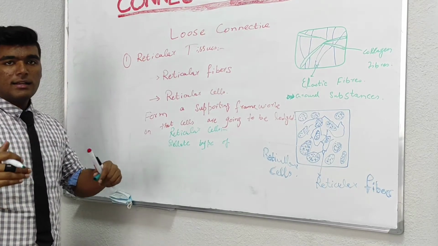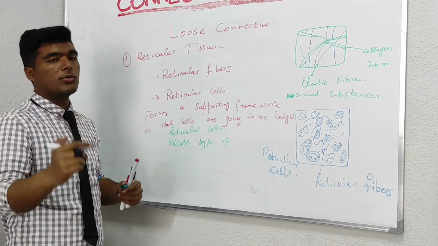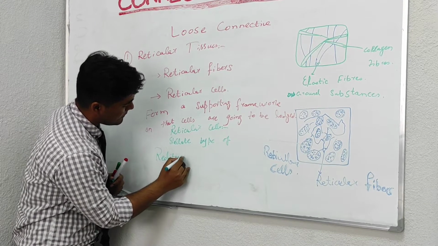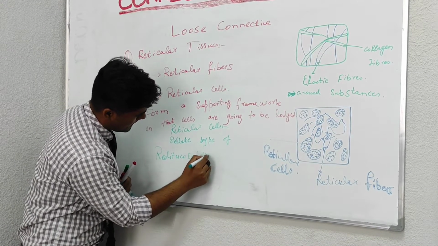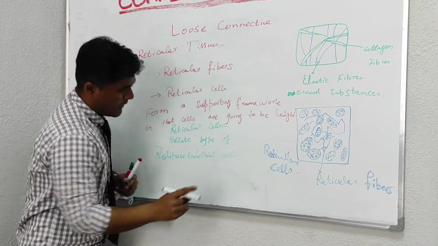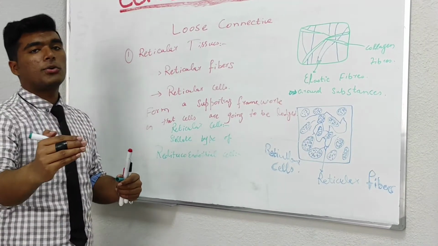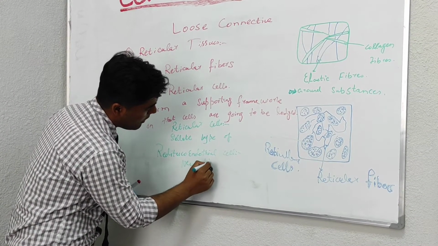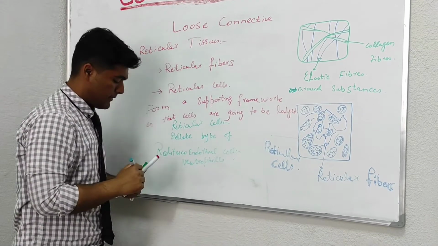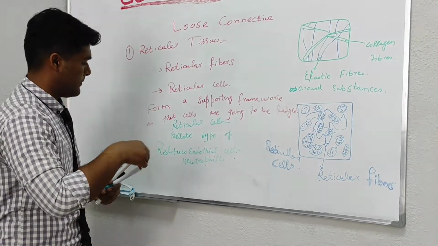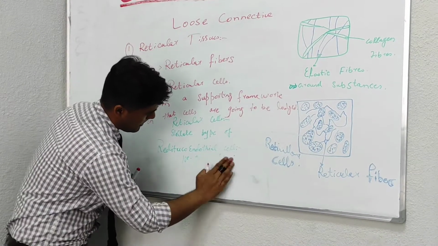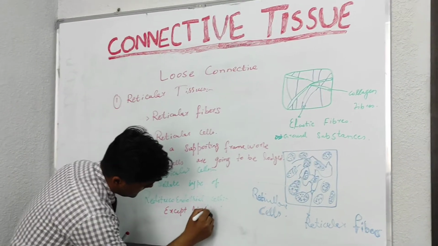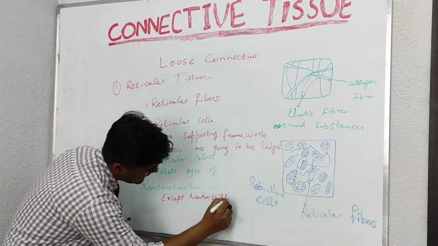Reticular fibers and cells also perform a phagocytotic role. For that purpose we have the reticuloendothelial cell, which includes every phagocytotic cell except neutrophils. I am going to write with a red marker: except neutrophil, all phagocytotic cells are present.